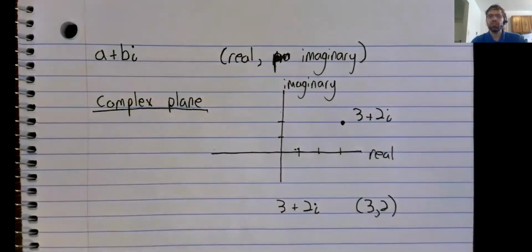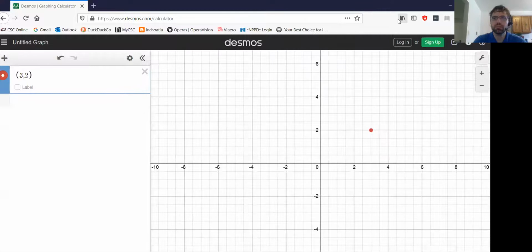I'm going to be switching back and forth between this and Desmos.com. So instead of thinking of this as the Cartesian plane, we can think of it as the complex plane. And this point, 3, 2, represents the complex number 3 plus 2i.